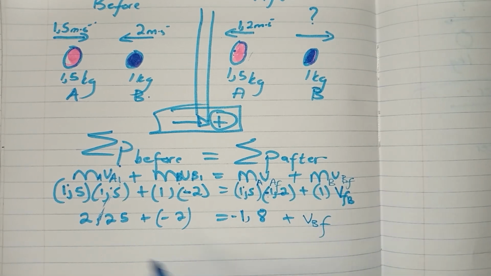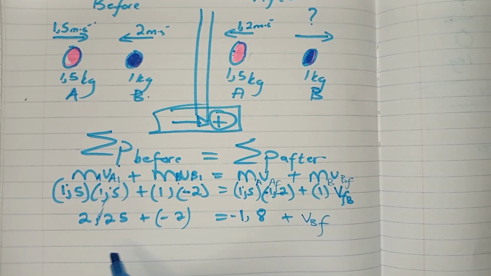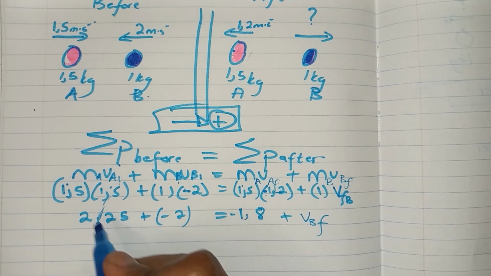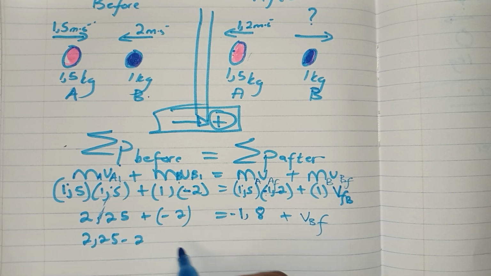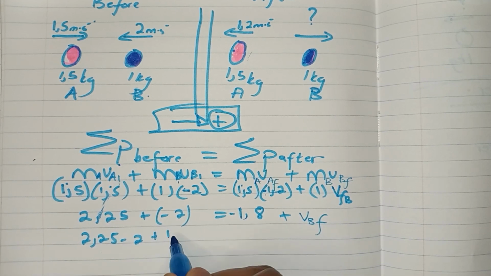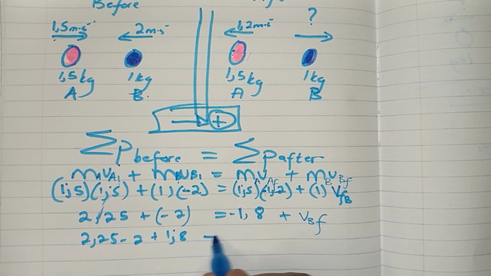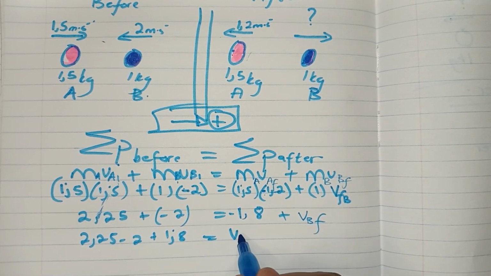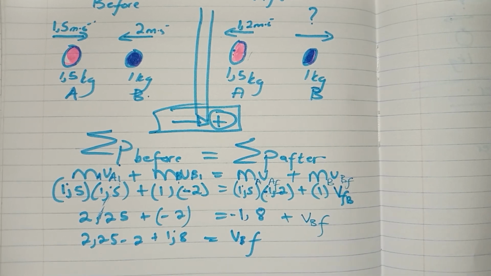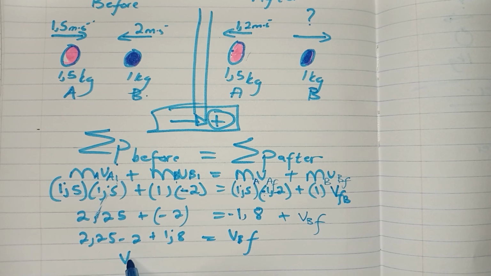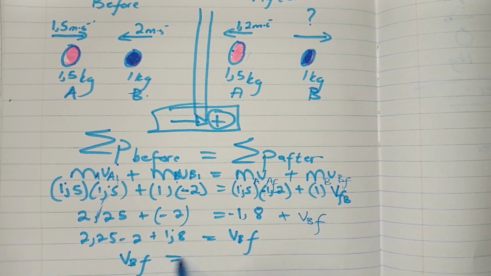So now we can do the maths: 2.25 minus 2 plus 1.8, because I transposed this, is equal to the velocity of B final. Let us calculate the velocity of B final. So the velocity of B final is 2.05.